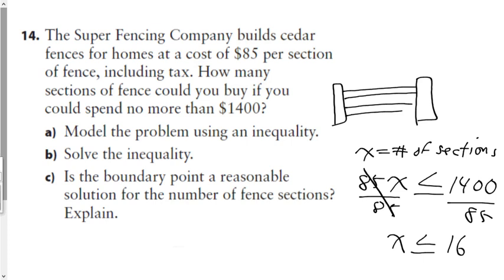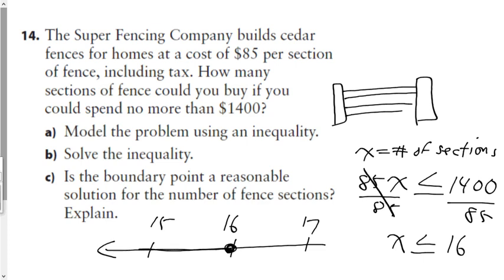You can buy 16 of them, or you can buy less than 16 of them for your $1,400, but you can't buy more than that. What kind of boundary point will we be using if we use the exact? Closed. Closed boundary point at 16, and anything less would be our solution.